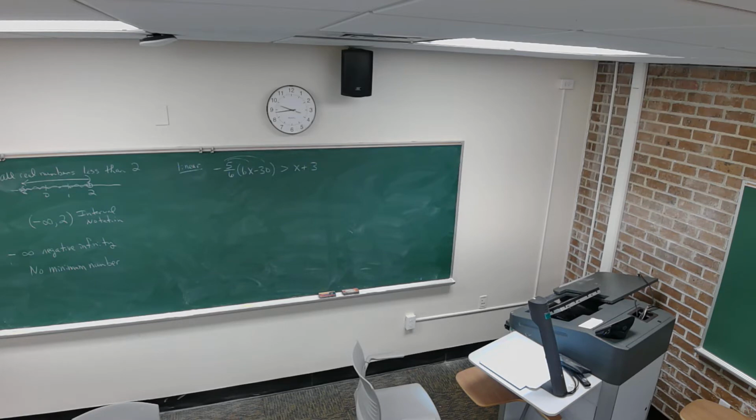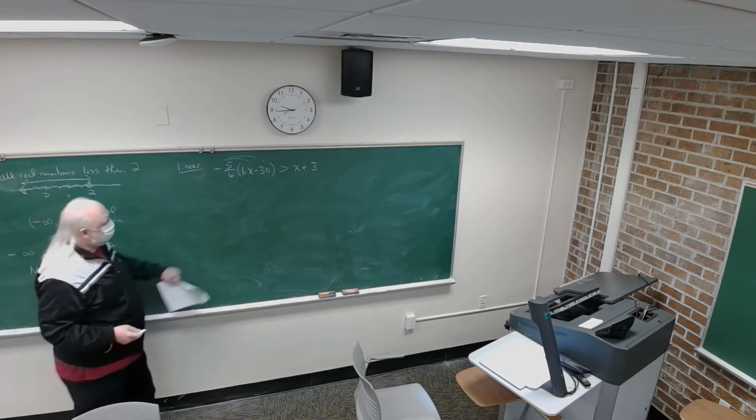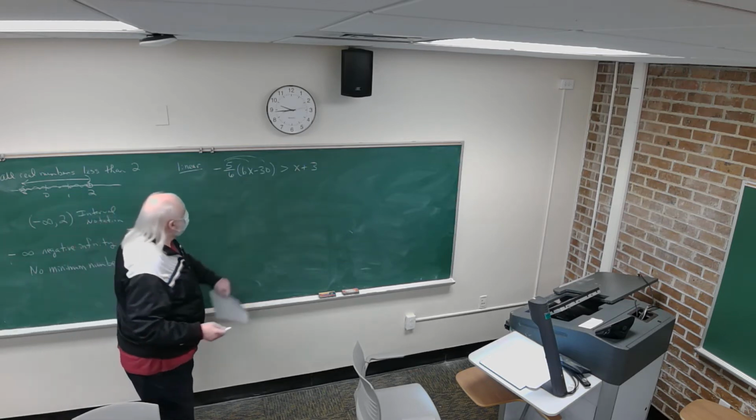If I have 5 times x plus 3, this is a binomial, when I distribute the 5, I've got to multiply both those terms by 5, right? So I have 5 times x plus 5 times 3, which is 15.